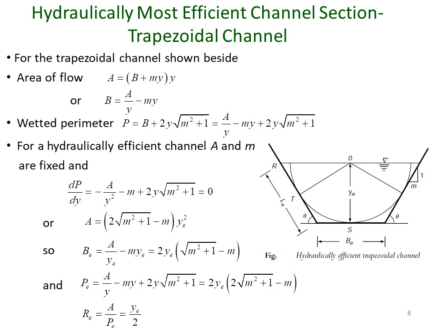Thus we have achieved the cross section, the base width and the wetted perimeter, these parameters of the hydraulically most efficient trapezoidal channel.